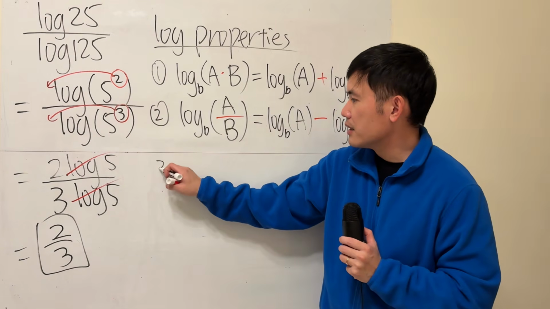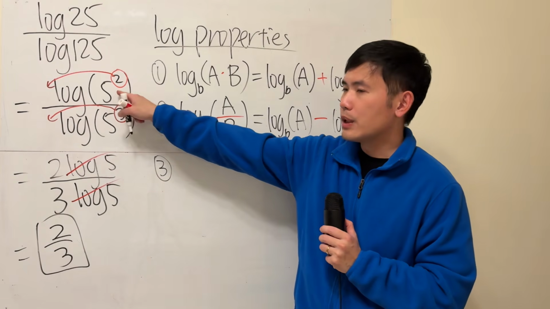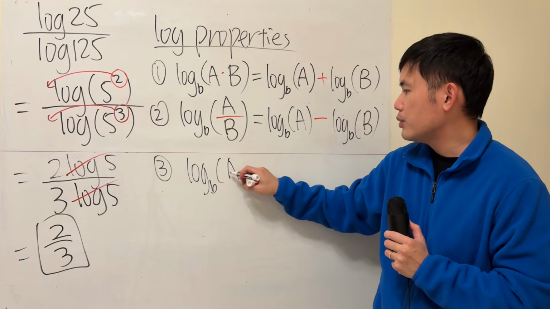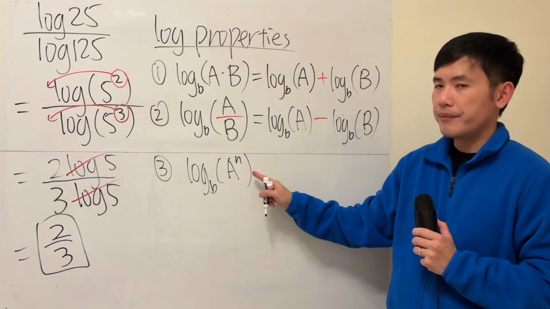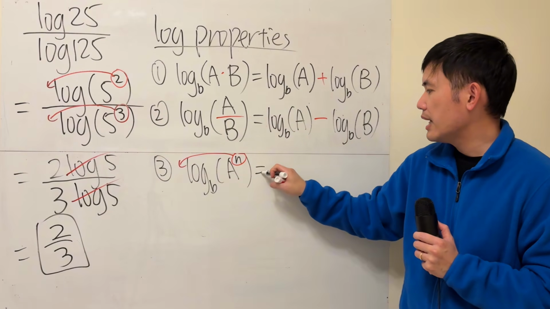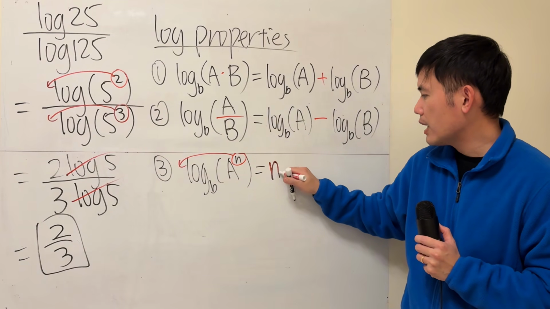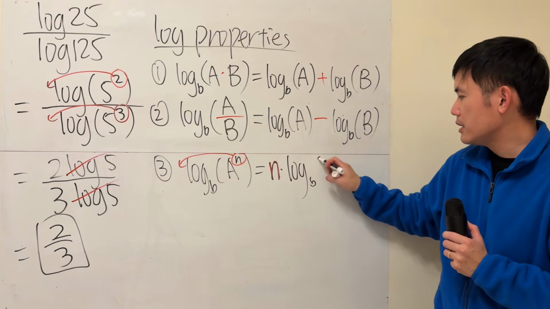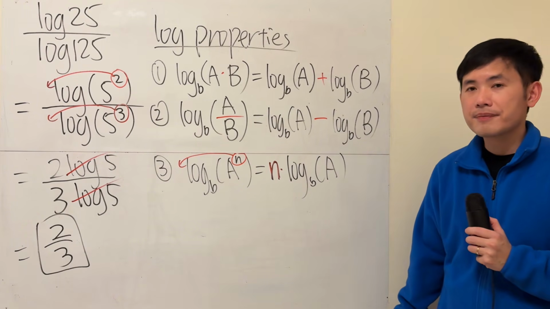And then the third thing is the one that we use. If you have log with some base b, and let's say A to some number n, in this case, you can bring the power n to the front, and you get n in the front now times whatever the rest is, log base b of A.